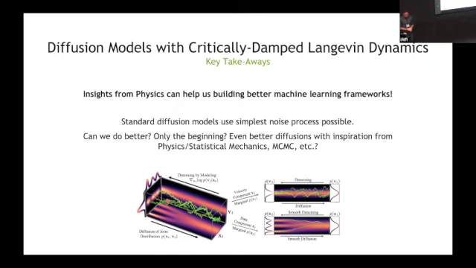The purpose of this paper was not to push the state of the art. It was more to inspire new ideas, so maybe people can develop even better diffusions with inspirations from physics, StatMech, MCMC, and so on. This should be the key takeaway. I think there are many physicists in the audience here, so go for it.